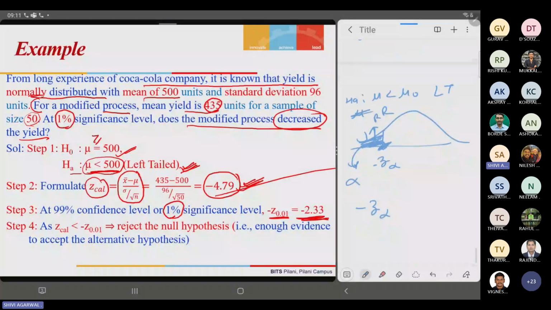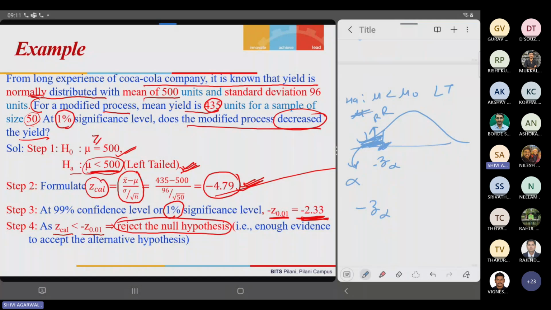So what is the conclusion? Since Z calculated value minus 4.79 is less than minus 2.33, we reject the null hypothesis because the Z statistic lies in the rejection region. We reject H naught, which means we accept H1, HA. And our HA is what? That it is decreased.